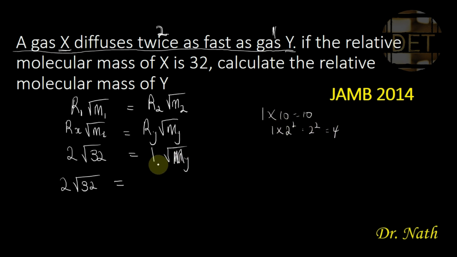So I have square root of My here. In order for me to remove this square root, what I would do is to square both sides of the equation.